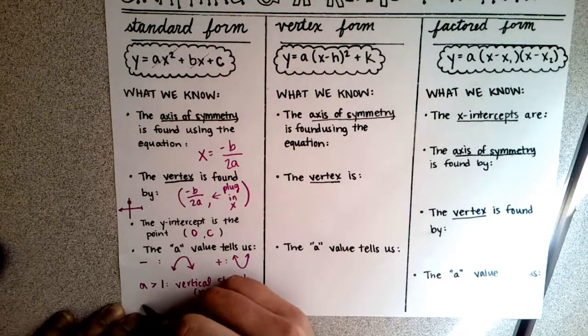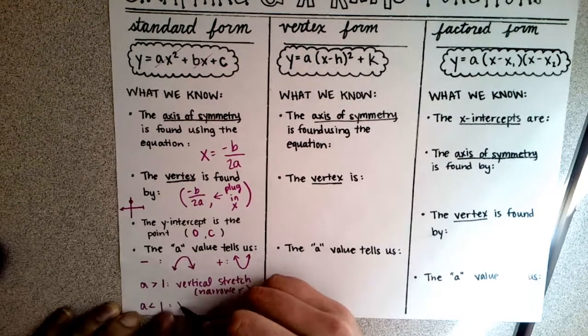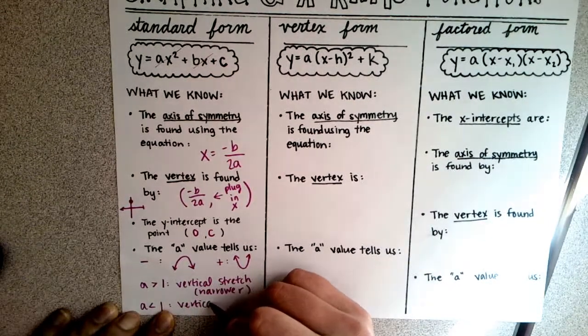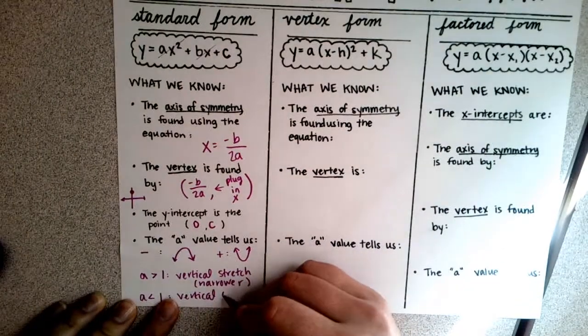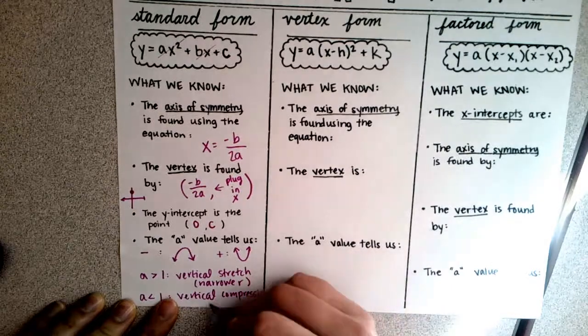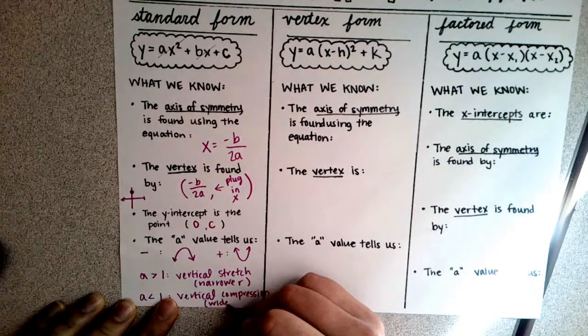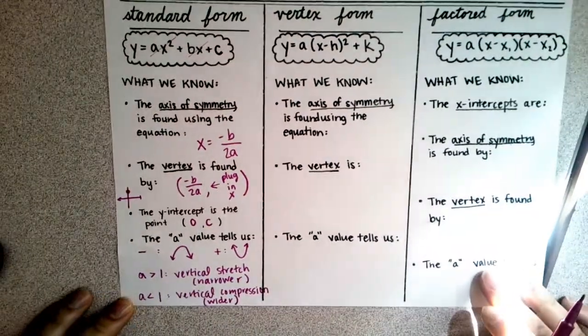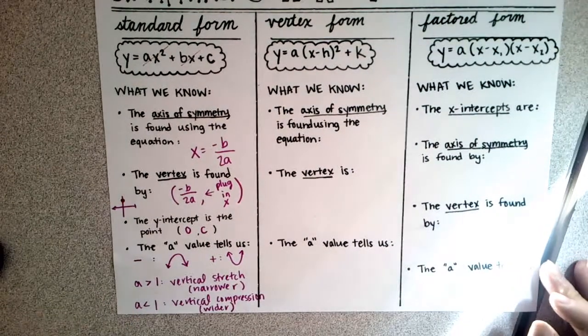And we've learned that when the a value is less than 1, we have a vertical compression. And that just means our graph is a little bit wider than the parent function. So those are the things we know in standard form.